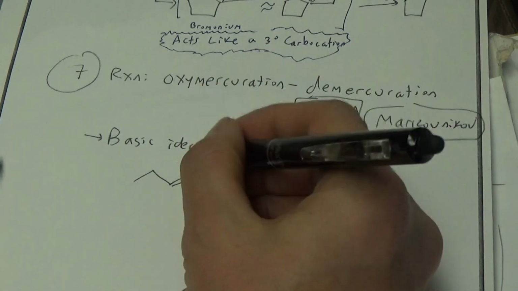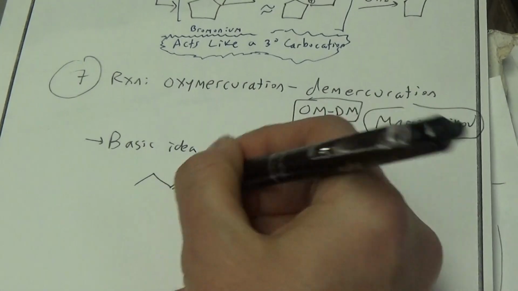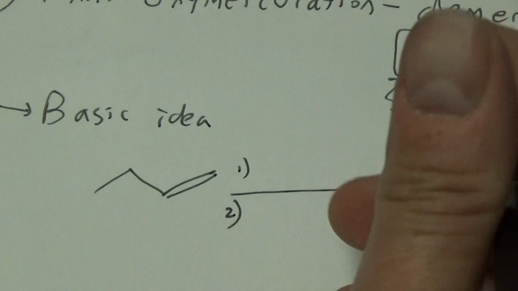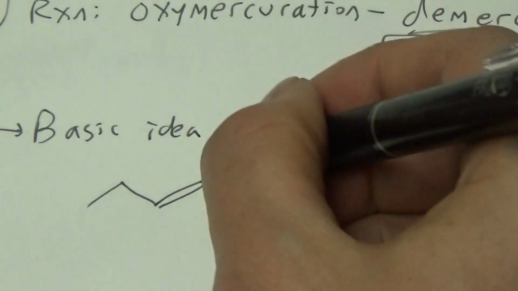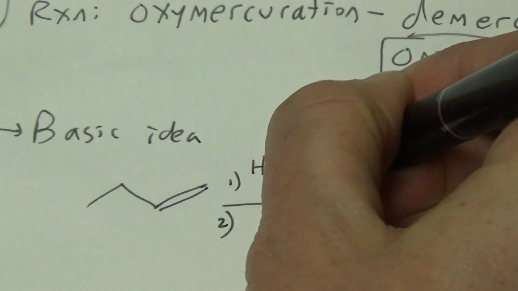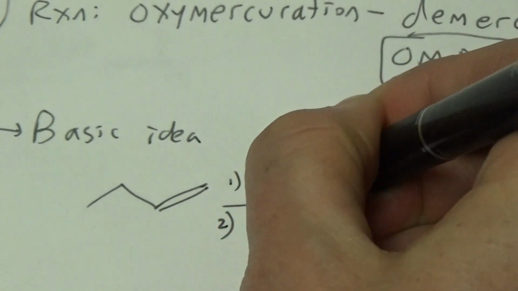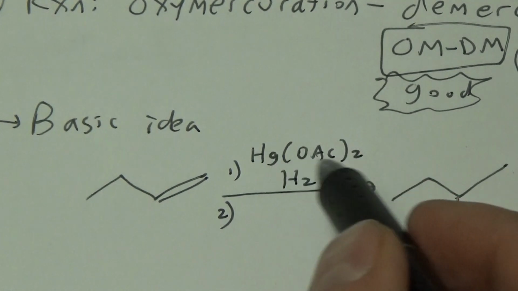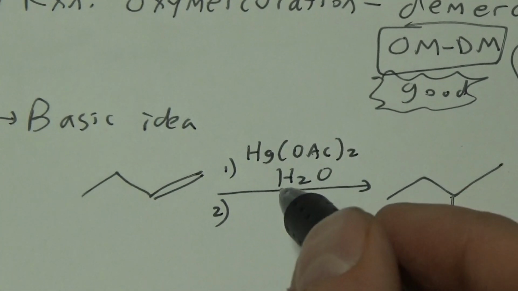Okay, so the reagents are going to take a little bit of time to study and learn, or just put on your index card. So it's mercury acetate, Hg(OAc)2, and water, all in step 1. Mercury acetate, Hg(OAc)2. I'll draw what that means in a second.